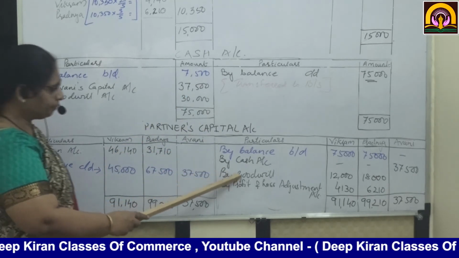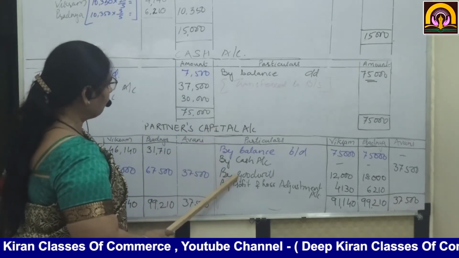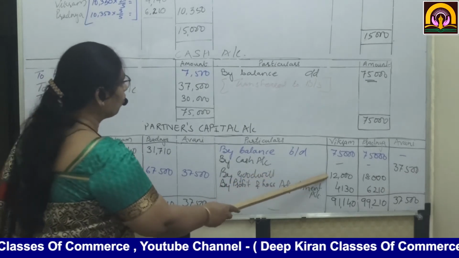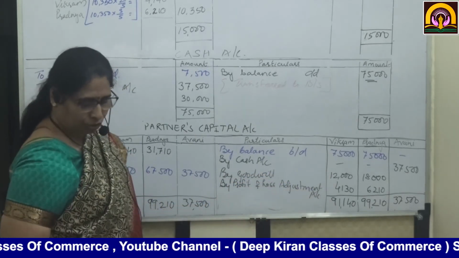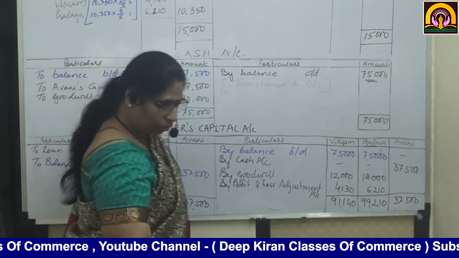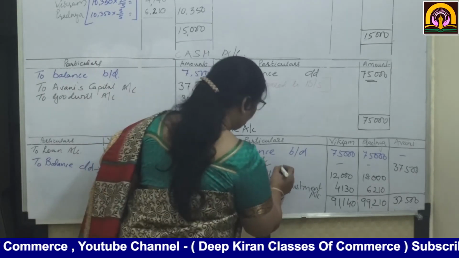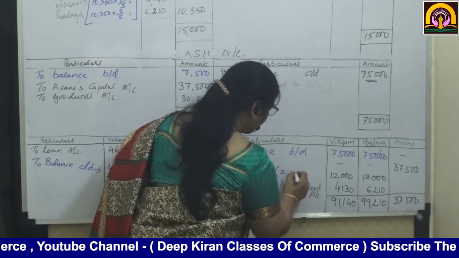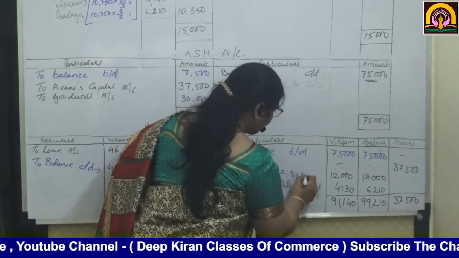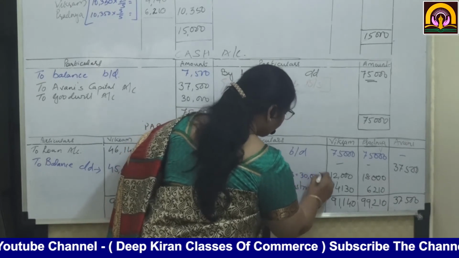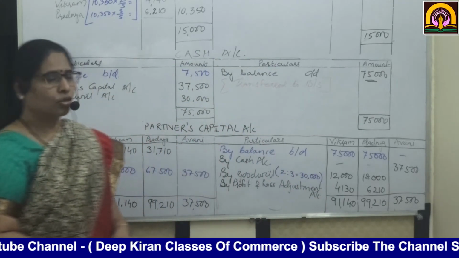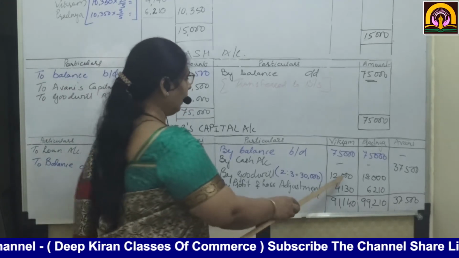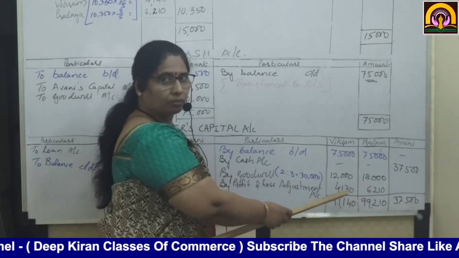In the capital column we will write by goodwill, and now they are going to share this goodwill in the old ratio, that is 2:3 ratio. So it will come 12,000 and 18,000. Is it clear?